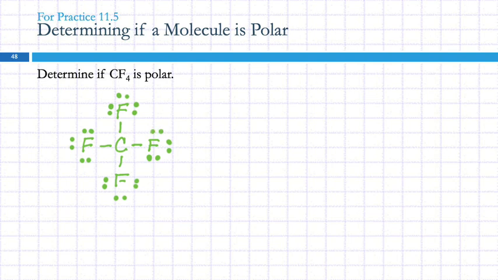Are there any lone pairs on the central atom? No. So that's condition 1. Are all of the atoms bonded to it the same? Yes. So both conditions are met, and that means this is nonpolar. And we can identify that just by looking at the Lewis structure. We don't have to look at the shape and add up vectors.